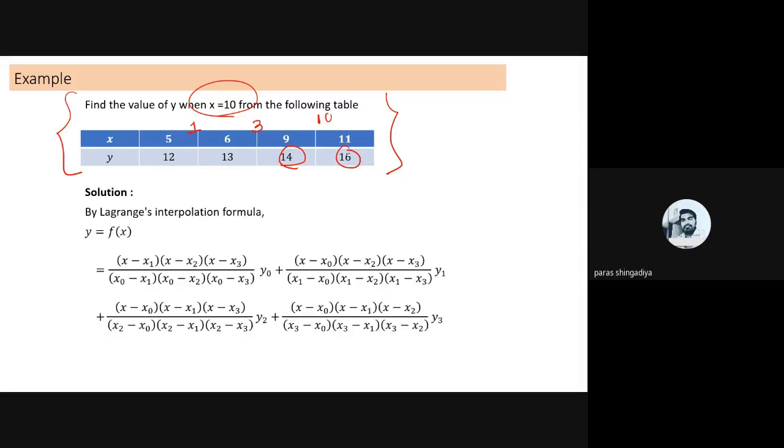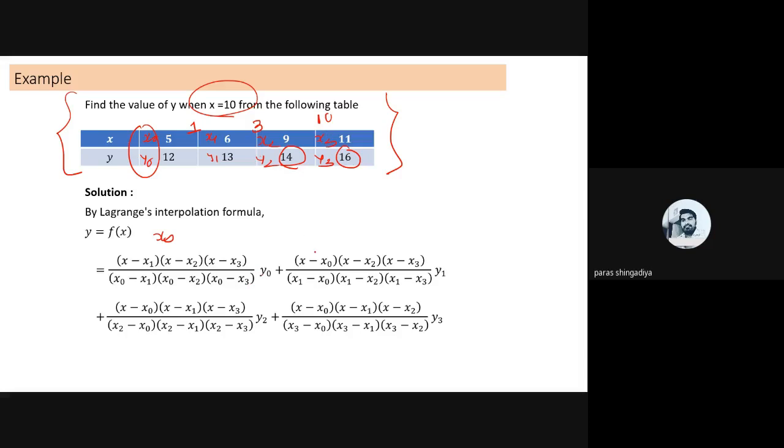So first we'll write this formula. It's easy now. For the 4 values, that is x0, x1, x2, x3, and y0, y1, y2, and y3. First term we'll prepare for x0, y0. So here we skip x0 in the numerator and use this x0 in place of x. So x minus x1, x minus x2, x minus x3, and the denominator will be x0 minus x1, x0 minus x2, x0 minus x3, into y0.